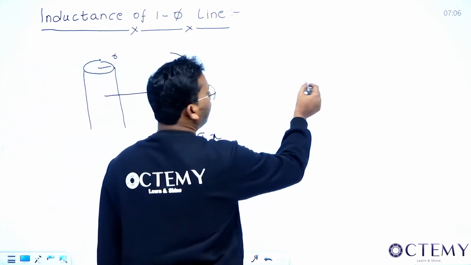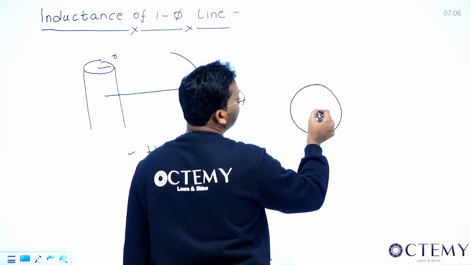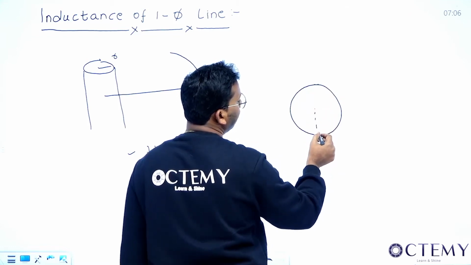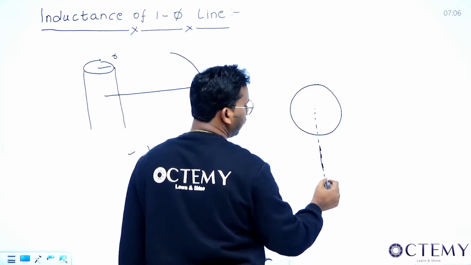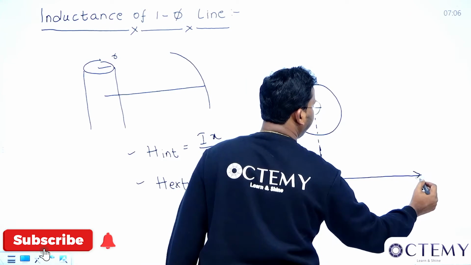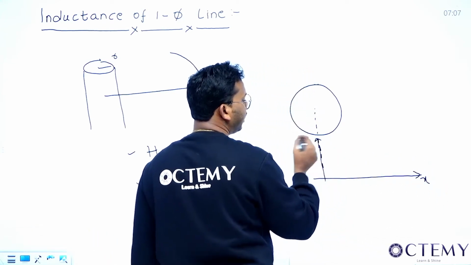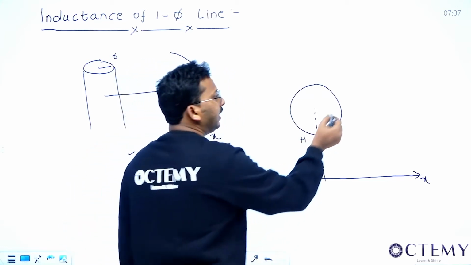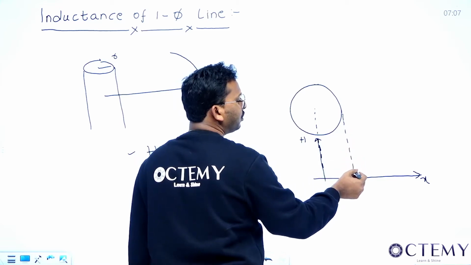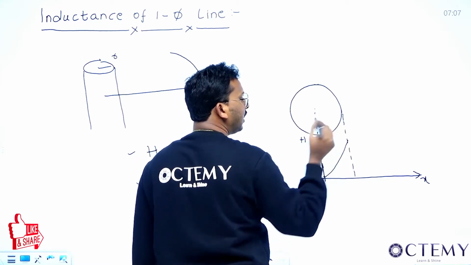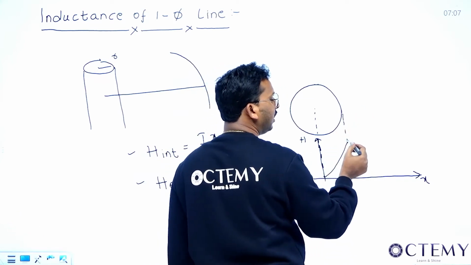So according to them, if you have a conductor like this and this is the center, look at the variation of H, the magnetic field intensity, with respect to X. Inside the conductor it is directly proportional to x, so it keeps on increasing, and as it crosses the surface of the conductor, it decreases like this.